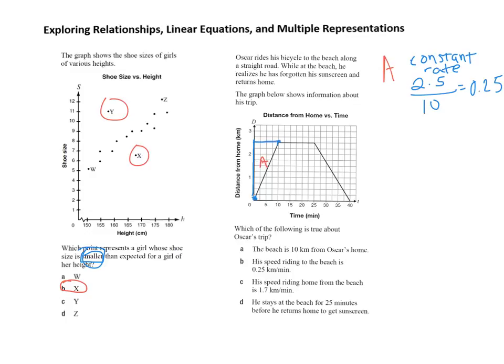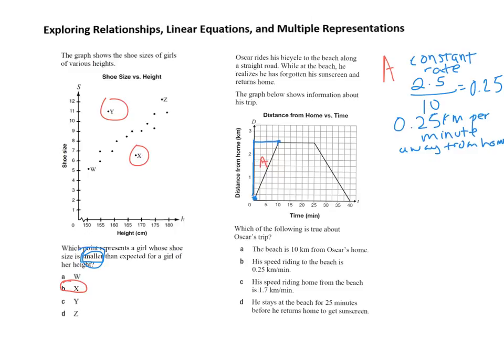What this means is that his speed was 0.25 kilometers per minute. The other point that I would want to make about A is that his direction was away from home.